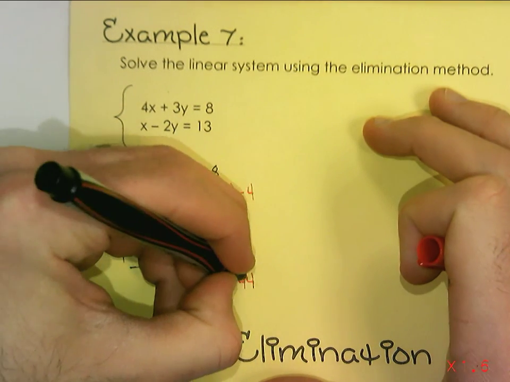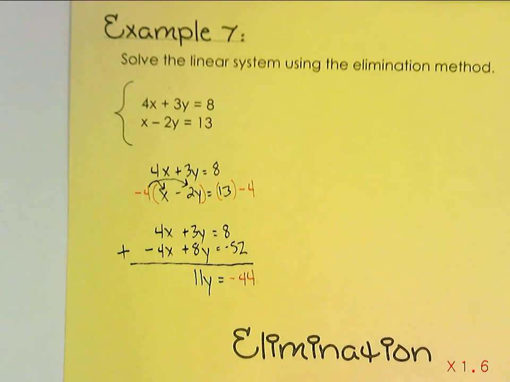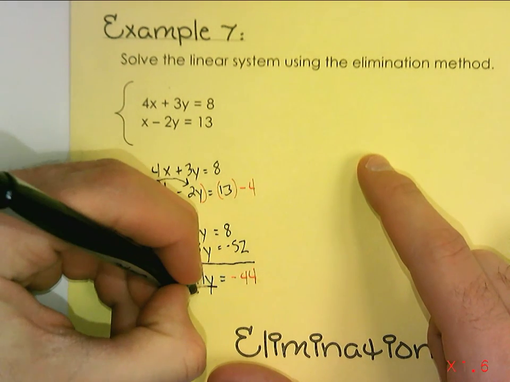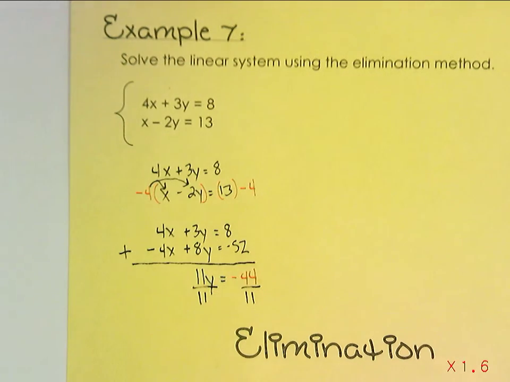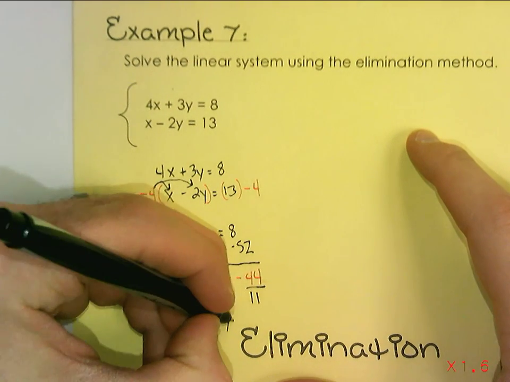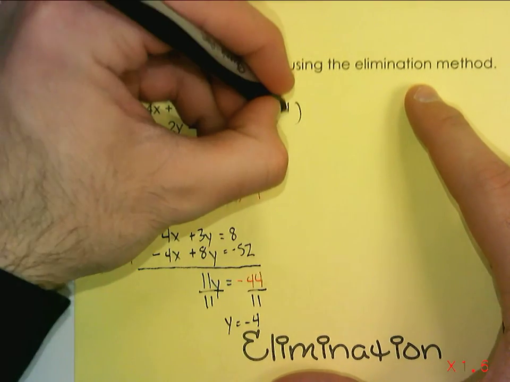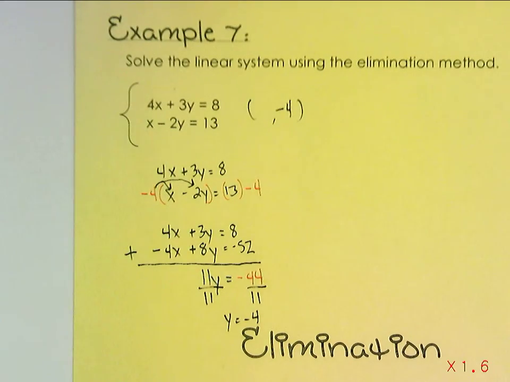So all of these should work out to whole numbers. Typically, you're not going to get goofy ones at this level. So if you ever get a goofy number, you probably want to go back and check to see if you made a mistake. So if I divide by 11 here on both sides, I'm going to get y equals negative 4. As I said before, we have half of our solution here, so we need to find x.